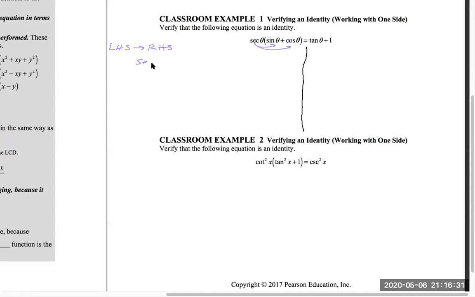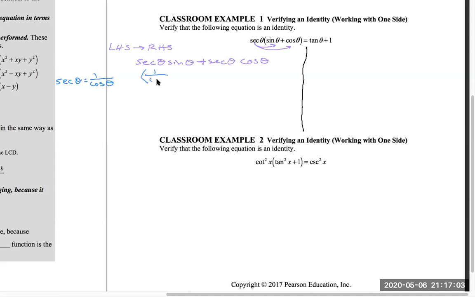We have secant theta sine theta plus secant theta cosine theta. And then we're going to turn secant into its reciprocal. So secant theta is equal to 1 over cosine theta.